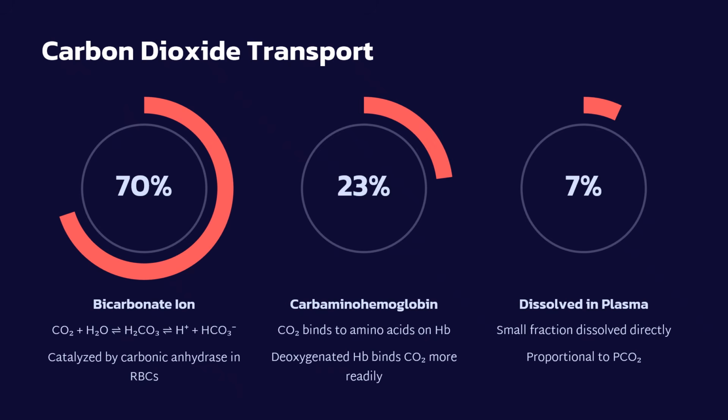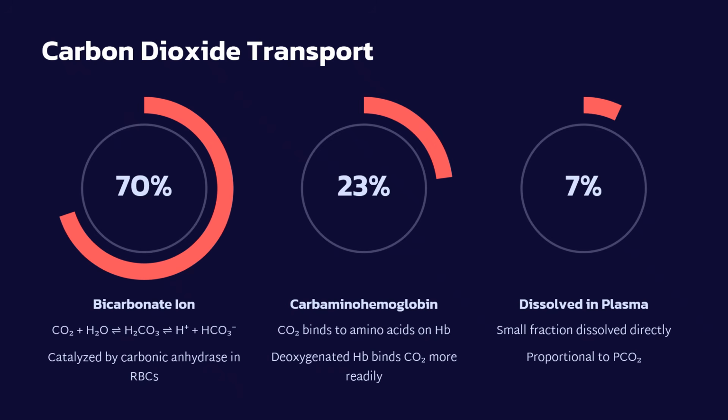Now, for your carbon dioxide transport, your CO2 is transported in the blood in three main forms. A small amount is dissolved in your plasma, some is bound to your hemoglobin as carbaminohemoglobin, and mostly as your bicarbonate ions in your plasma. So, again, your CO2 has three forms.